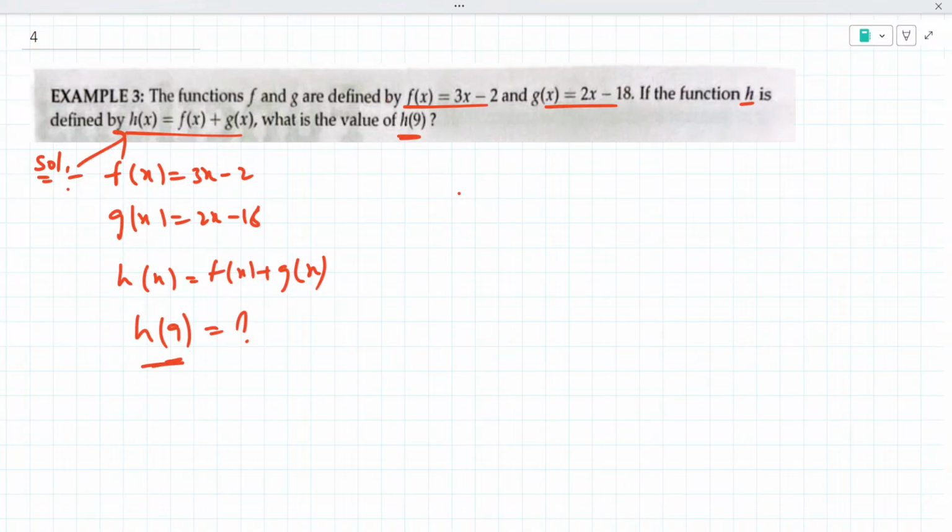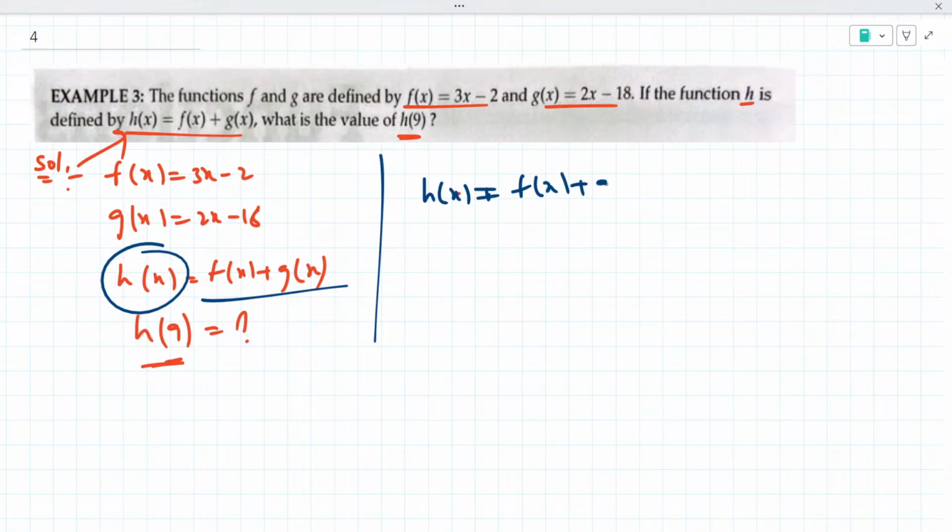To find h of 9, you have to find h of x, but we know that we will get this h of x by just adding f of x and g of x. So f of x equals 3x minus 2 from here, and g of x equals 2x plus 18.